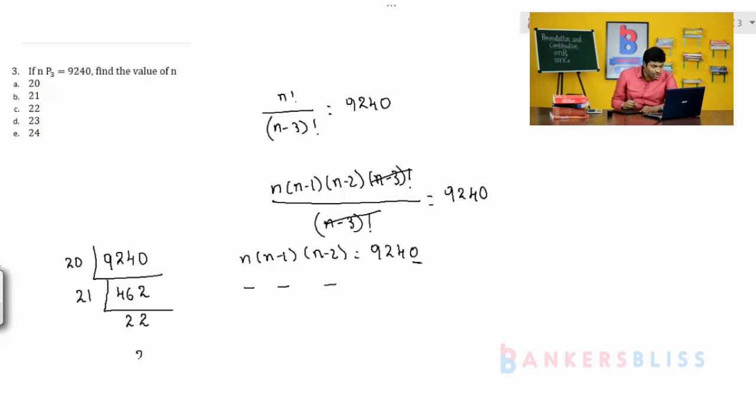So how much did you get? 22 into 21 into 20, means n, n minus 1, n minus 2 you got. So the value of n is 22. Therefore, option C is the right answer. Very simple to calculate. Okay, let's move on to the next problem, problem number 4.